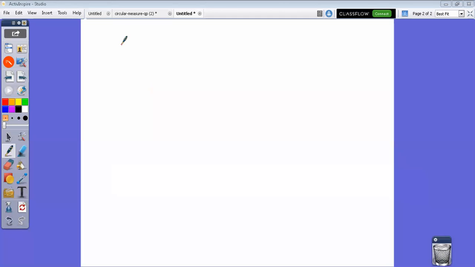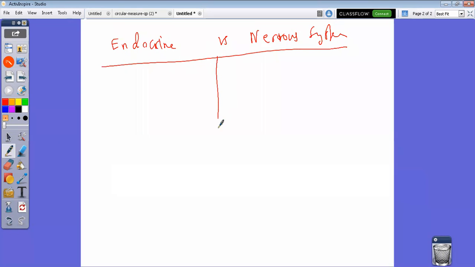Now, let's compare the endocrine system, that's the hormonal system, versus the nervous system. You can have something like a table.